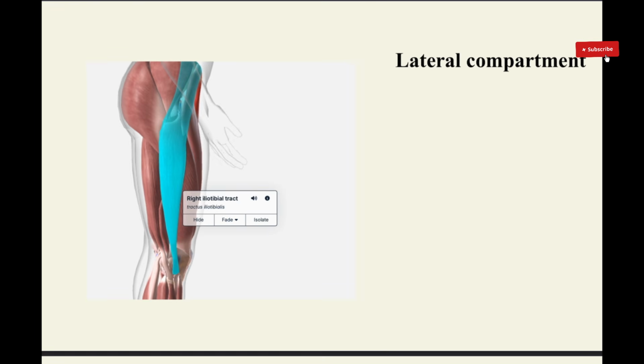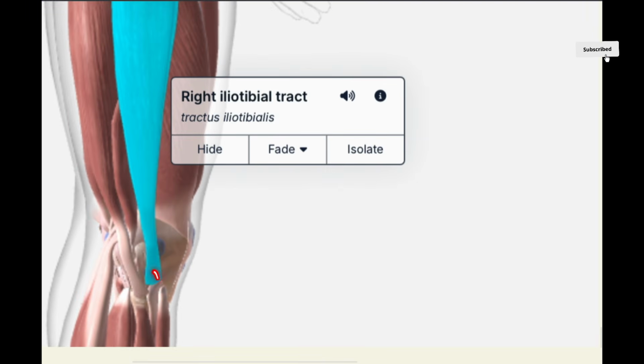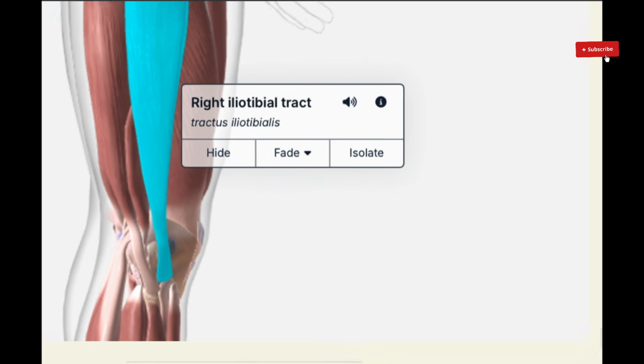Now we will talk about the lateral compartment. As you can see, a very thick band that we can appreciate is your iliotibial tract. It starts from the iliac crest, from the innominate bone, and it is coming over the lateral aspect of the tibia. So it is missing the fibula and it is coming on the lateral aspect of the tibia.